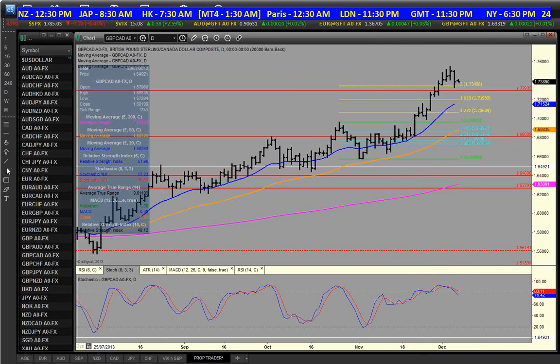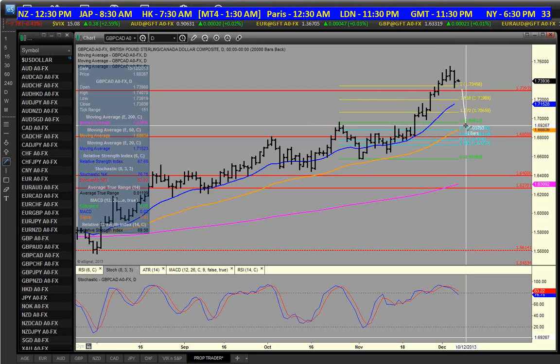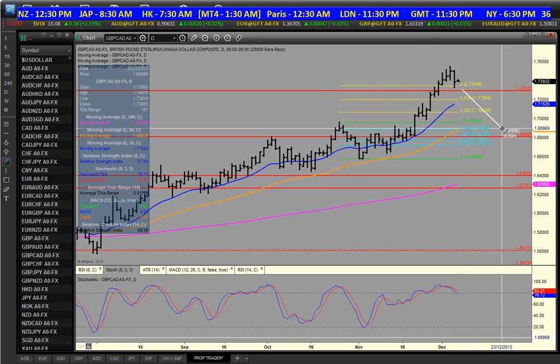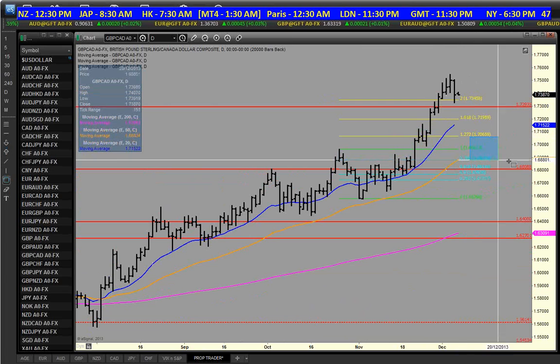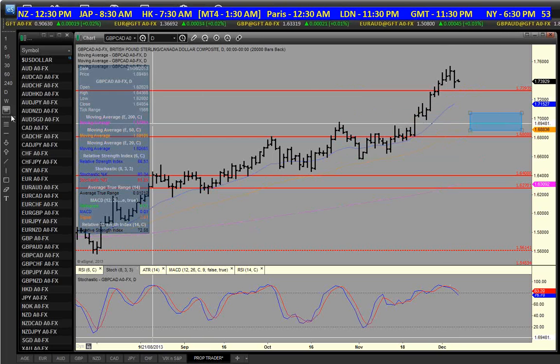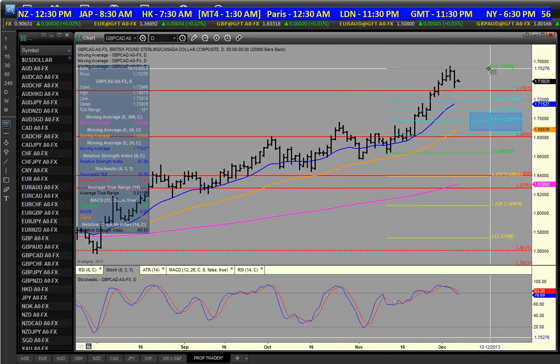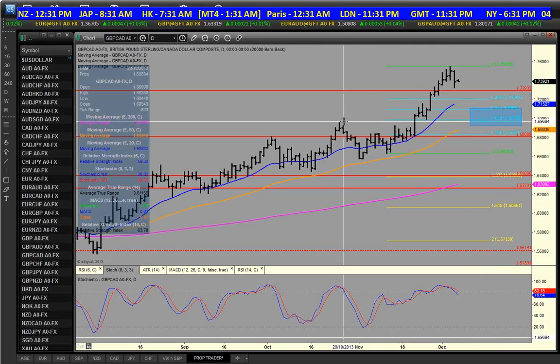So your risk reward on this, if you're looking at it, is 260 pips to 400 pips, so it's about 1 to 1.8 or 1.7. Again, not ideal, and I prefer to be long this. I prefer to be long from around here somewhere. So in there somewhere is where I'd look to get long.